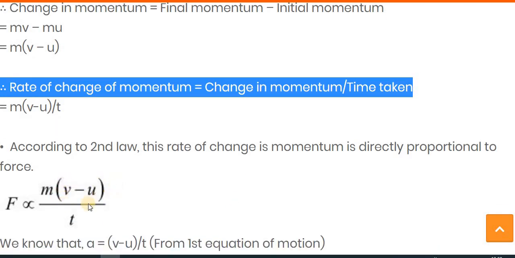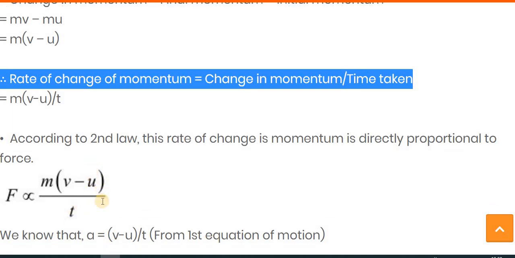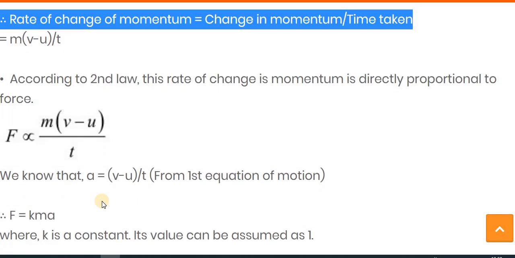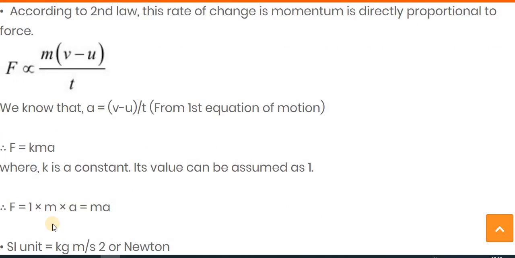As we know that v minus u divided by t is equal to a, where a means acceleration. Putting that value over here, F is proportional to ma. To remove the proportionality, we have to introduce a constant k, whose value is assumed to be 1. So F is equal to k ma.